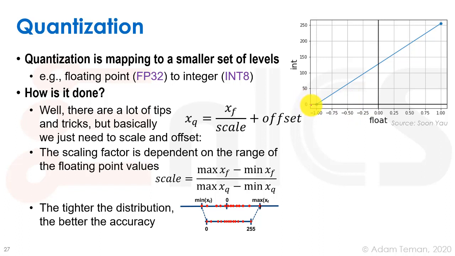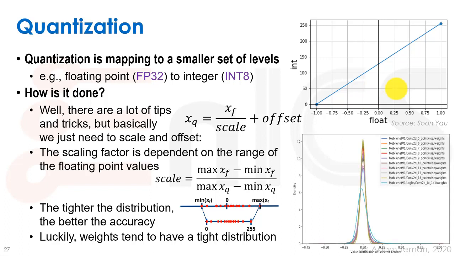So what we actually want to do is tighten up the distribution and have our maximum and minimum floating point levels as close together as possible. So if we have some sort of normal distribution with some outliers, most of the integer values will be distributed around where we have a close floating point representation.